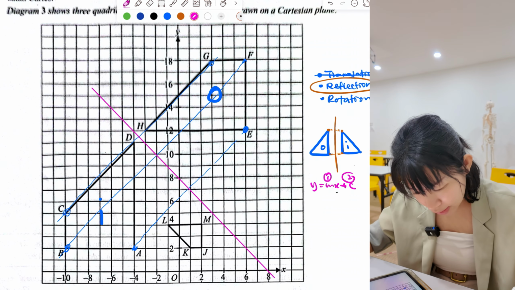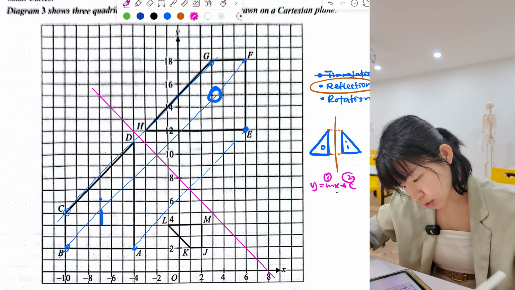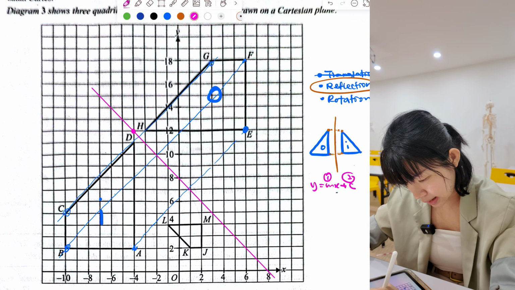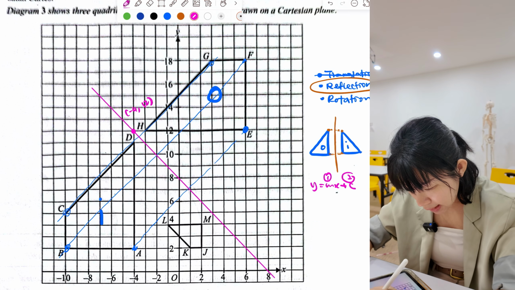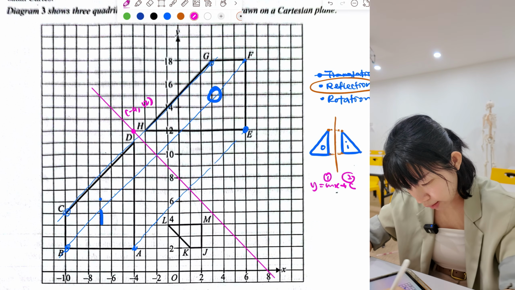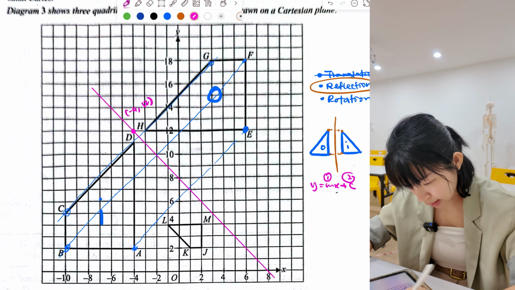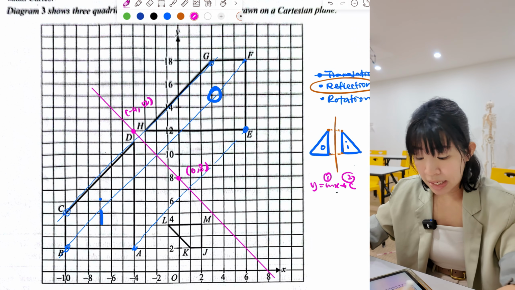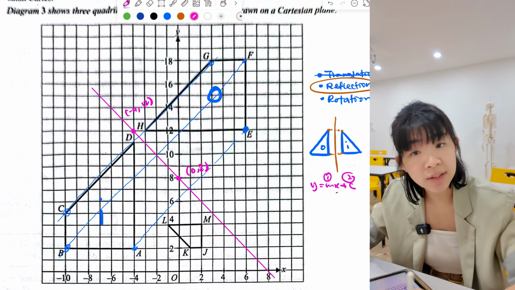The first coordinate, I want to choose maybe here. This is -4, 12. The other coordinate I want to choose, which is a very accurate one, I choose this one, 0, 8. It can be other than these 2 points, as long as it's along this line.